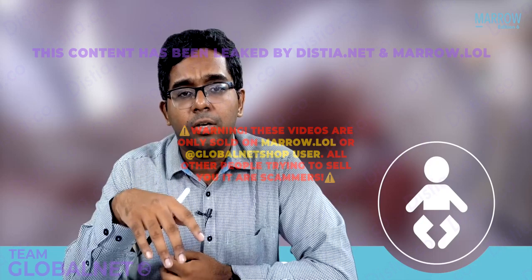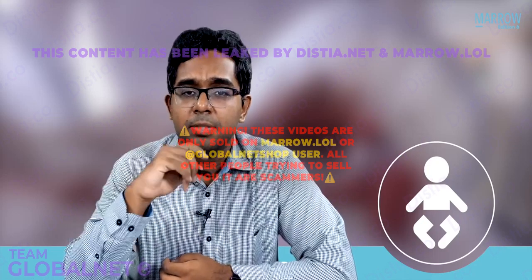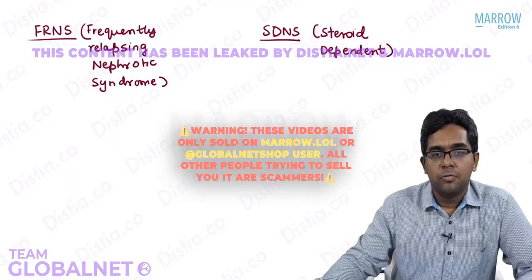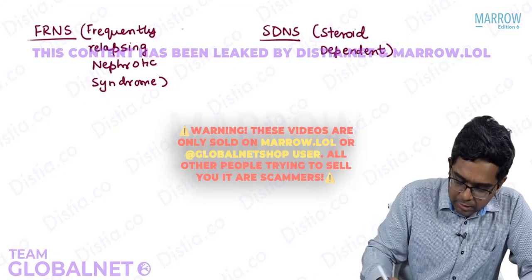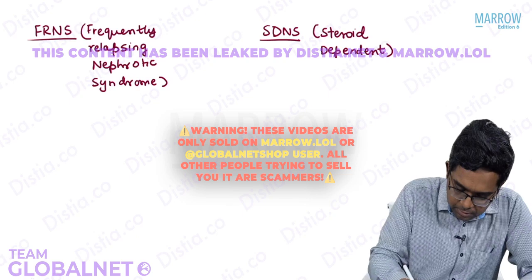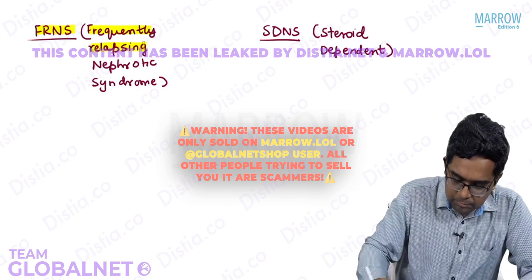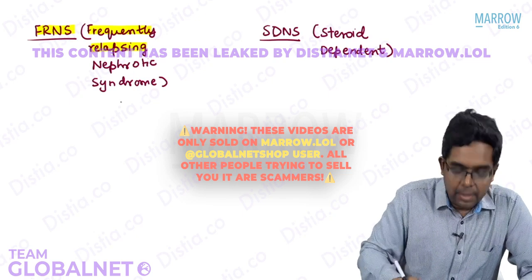Okay, now we are going to discuss some important terms in nephrotic syndrome and management of those conditions. First is frequently relapsing nephrotic syndrome, abbreviated as FRNS. What are frequent relapses?